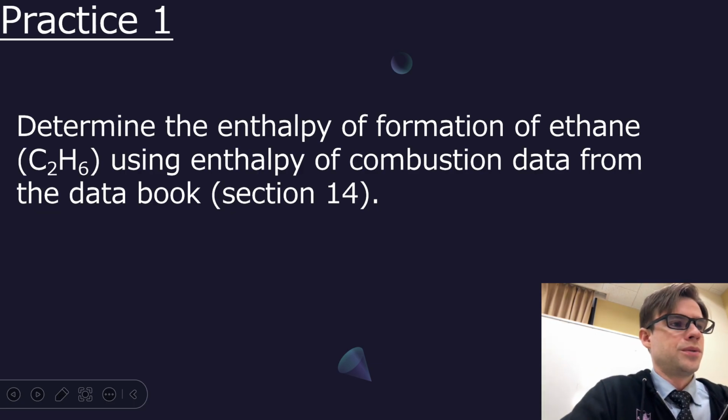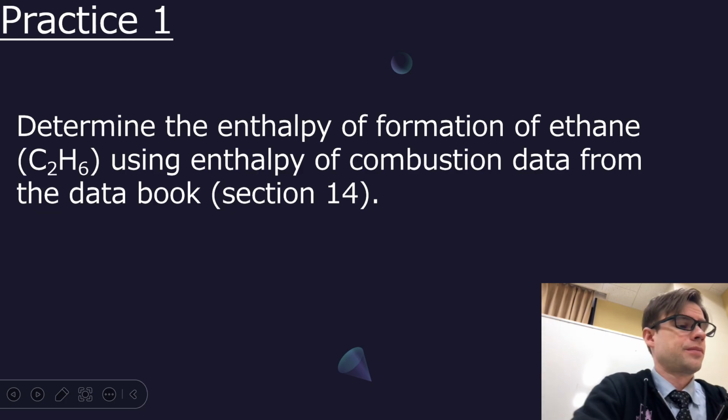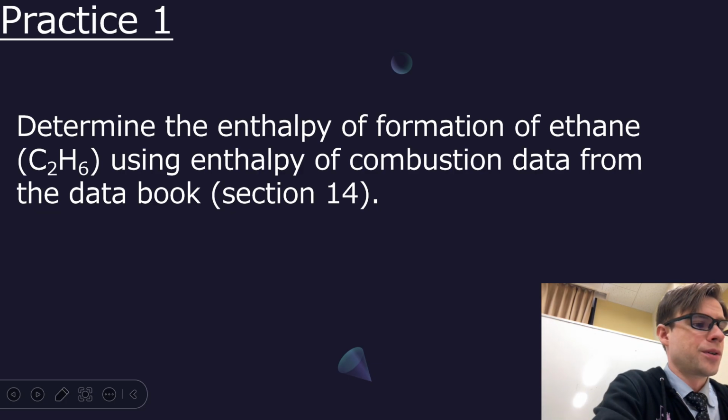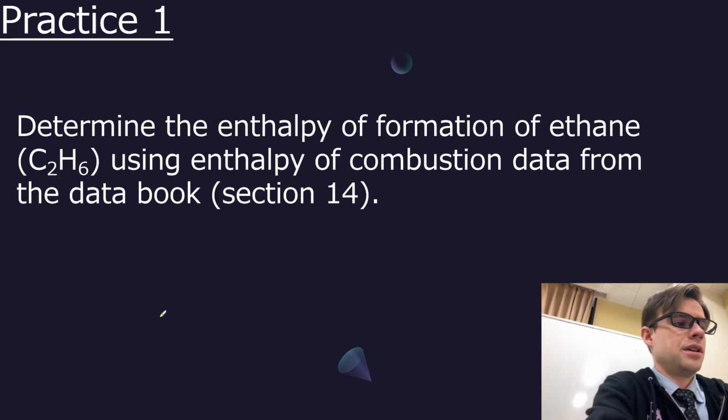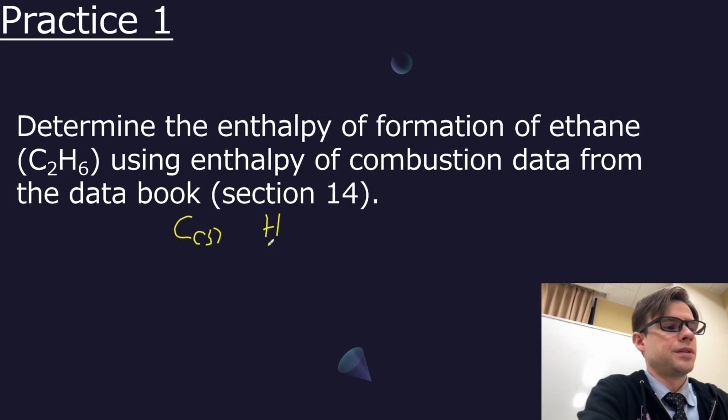So we need to know, again, the definition of enthalpy of formation of ethane. That means creating it from base elements. So we would create it from some carbon and some hydrogen. But these elements need to be in their standard states. So we would have solid carbon, and we would have H2 gas. That's its standard state.